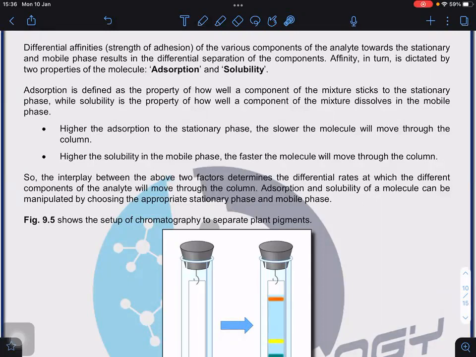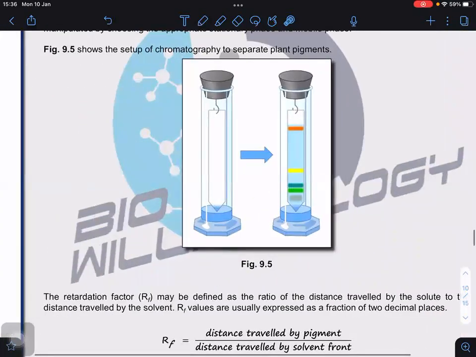But some pigments always want to interact with the silica gel and don't want to move. I don't care, I leave them behind. That is high absorption. Those that tend to follow me, I will bring further. That's why we are able to separate the pigments based on their solubility and also their absorption.